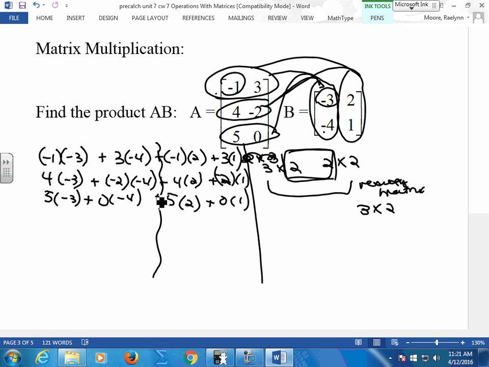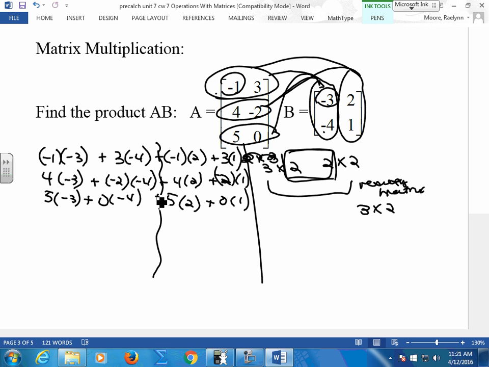If all of that works, you know you did it right. If something is off, like if I had -3 where -4 belongs, I must not have looked right.